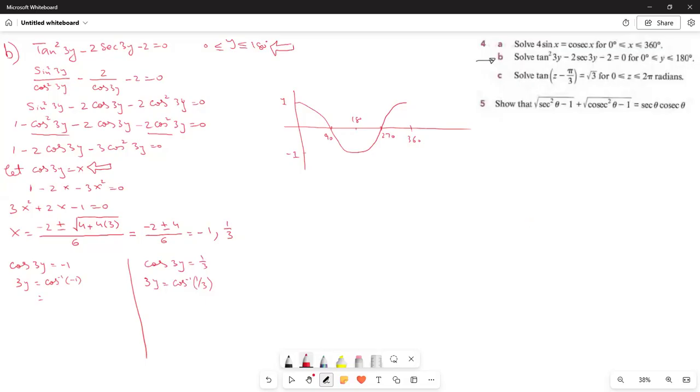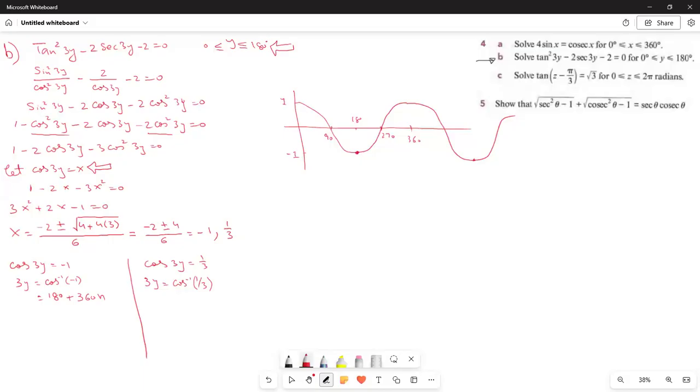Only this value, which is 180 degrees. So I will say 180. But if I keep extending it, I have the same answer here and later as well, and all of these answers are 360 degrees apart. So plus 360n, right? When n is 0, I have the answer of 180 degrees. When n is 1, I just add 360 to 180 and get the next one, and so on.